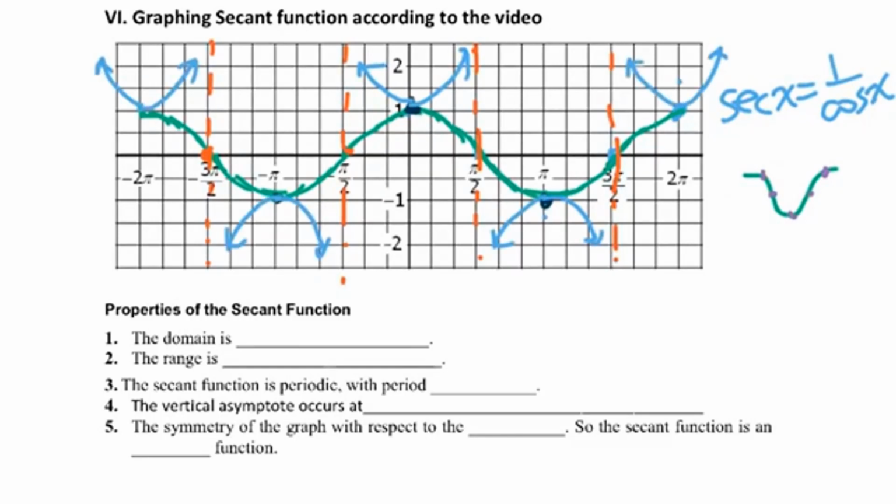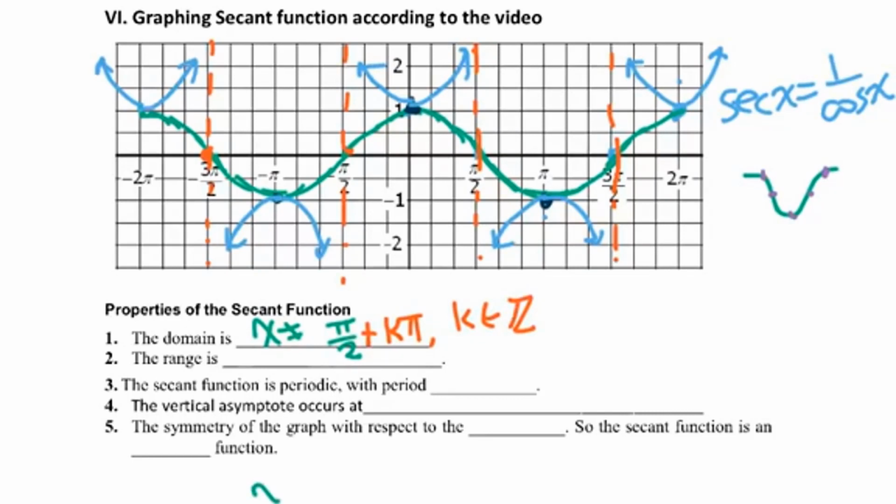Okay, so you can look at the domain. It's x not equal to pi over 2, then negative pi over 2. I just use pi over 2 plus k times pi, where k is all integers.